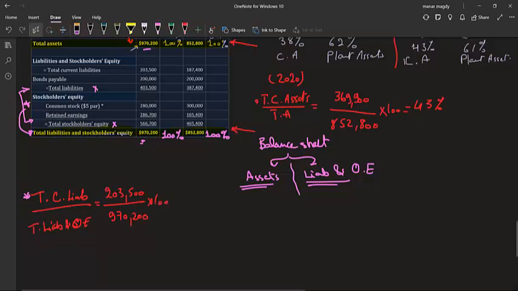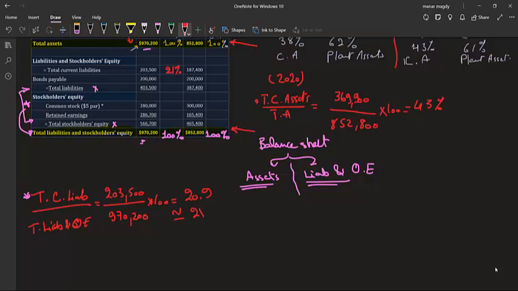You get 20.9. So if you approximate it, you get 21%.